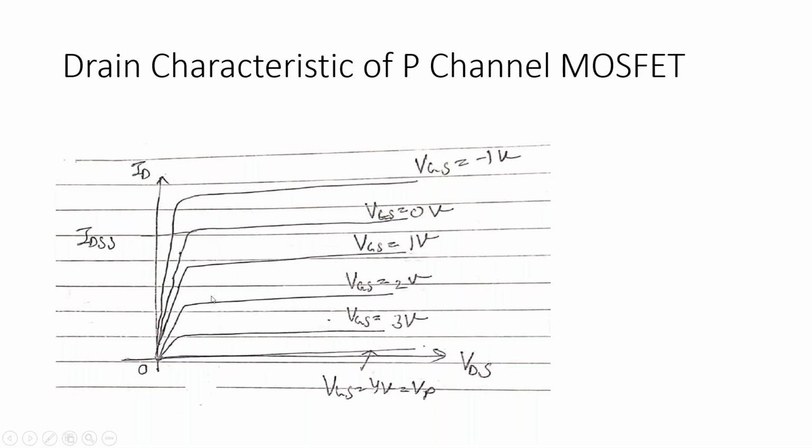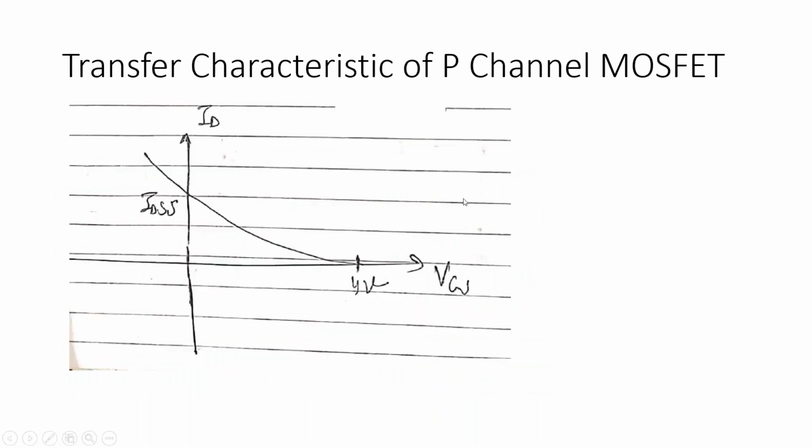When we apply positive VGS voltage, ID will decrease. When we apply negative voltages, ID will increase. So this graph is opposite to that of the N-channel MOSFET. This is the transfer characteristic of the P-channel MOSFET.